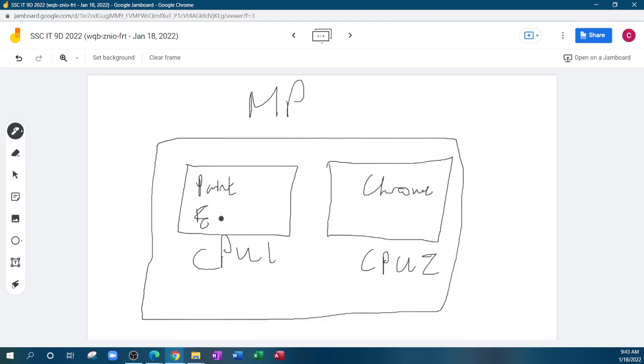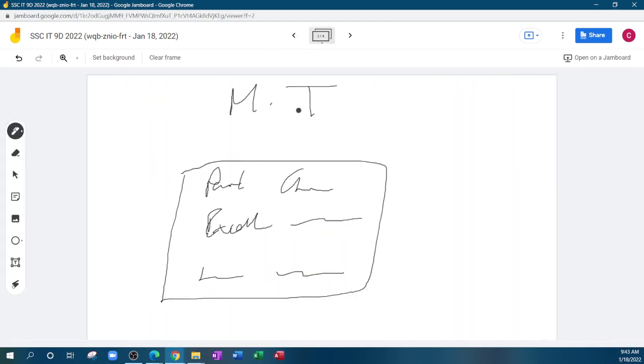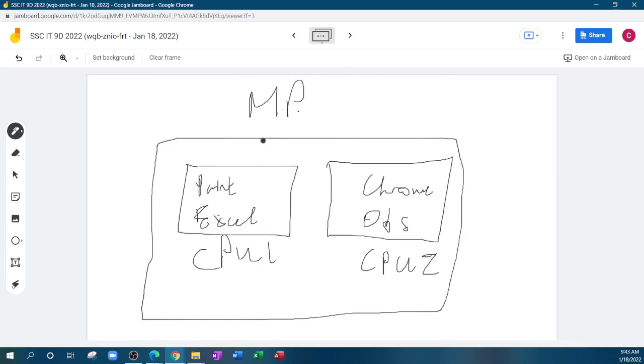Excel could be over here, and OBS could be over here. So that is the difference between multitasking, everything on one system, whereas multiprocessing uses the same system, but the same system has multiple CPUs inside of it.